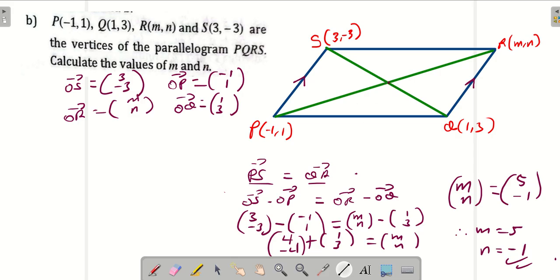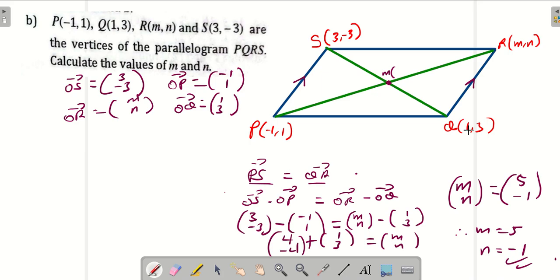So if the diagonals bisect each other, then this point is supposed to be the midpoint. We can find the midpoint using S and Q. Let's use S and Q to find the midpoint.